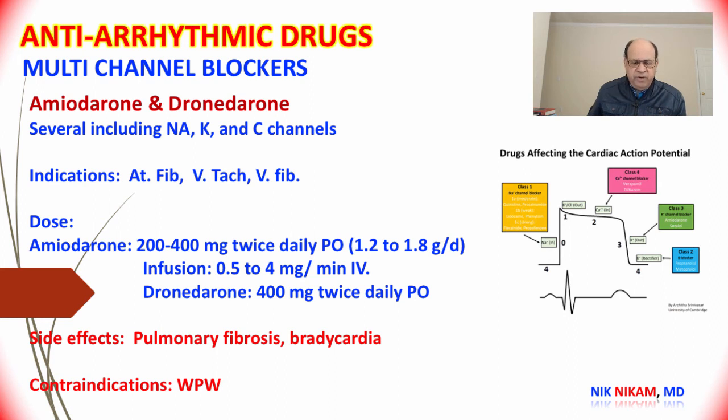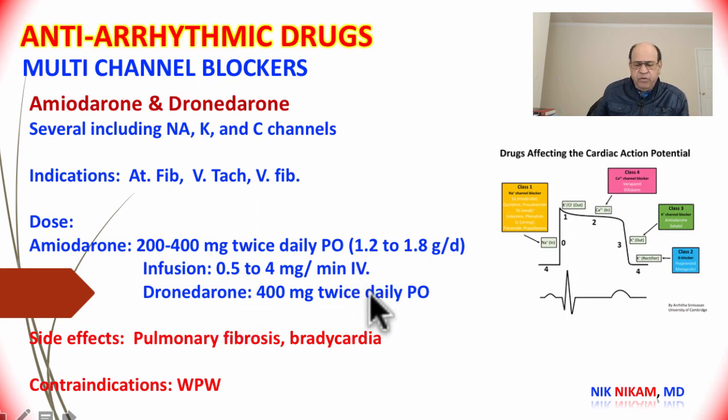The dose of amiodarone is 200 to 400 milligrams given twice daily up to a maximum of 1.2 to 1.8 grams per day. Amiodarone can also be given in an acute situation as an intravenous drip ranging from 0.5 to 4 milligrams per minute.